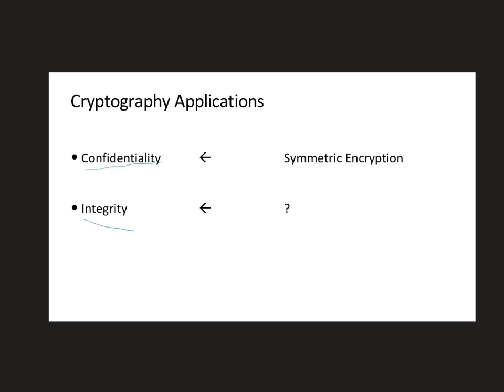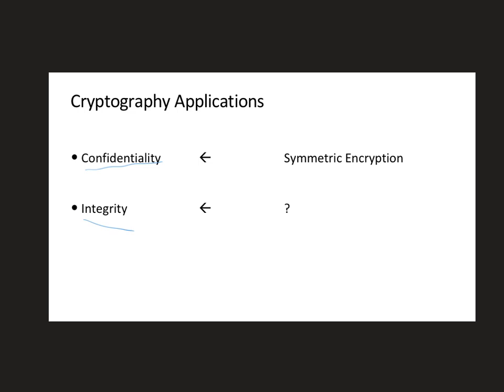Since confidentiality means no illegal read or unintended privacy disclosure, if we use ciphers to encrypt the plaintext, no one else can read the ciphertext except for those people who have the secret key.